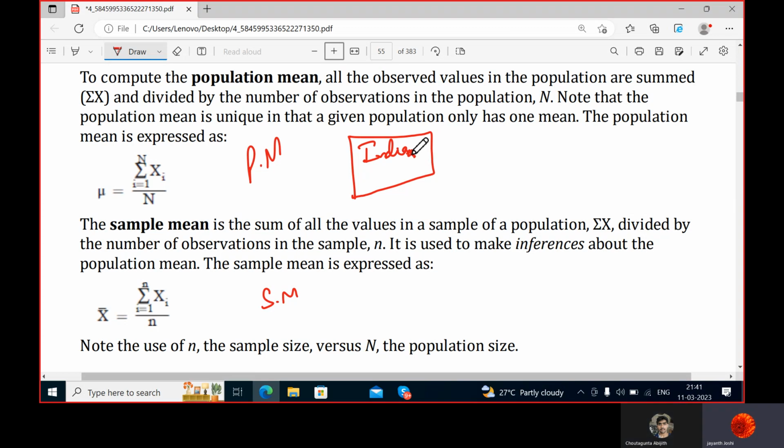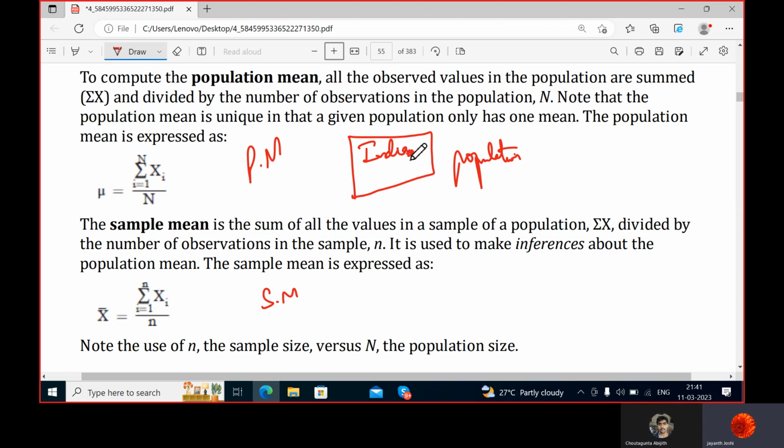So if I want to find out the average population of the entire states in India, I have to take the entire India as my data, and the entire India as data would be the population.